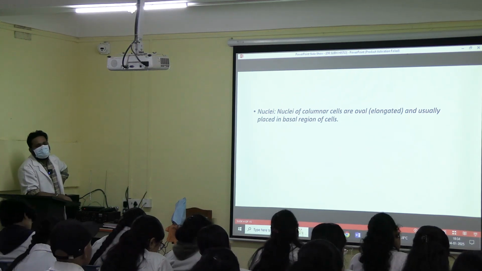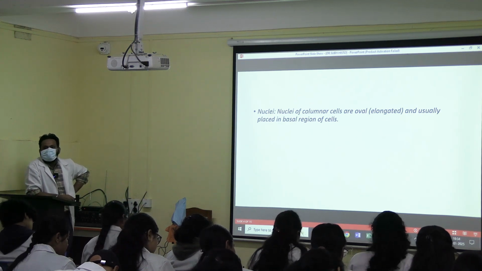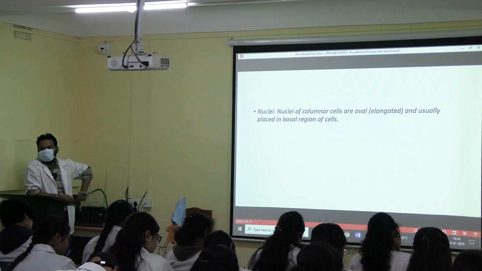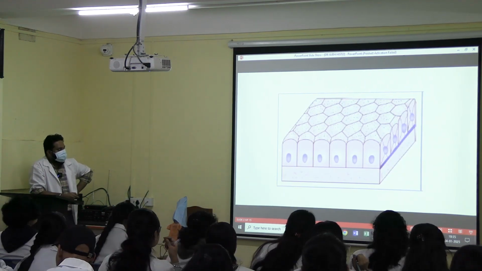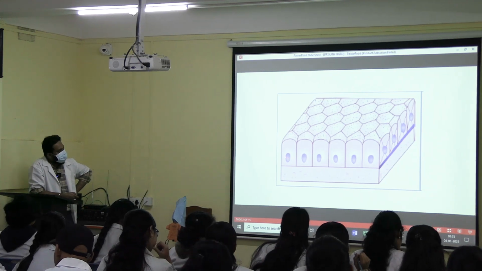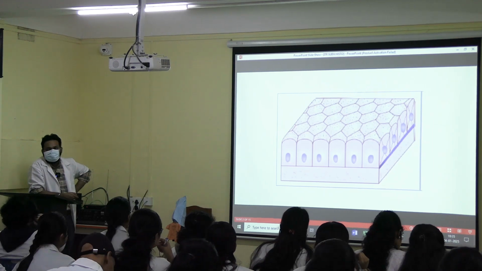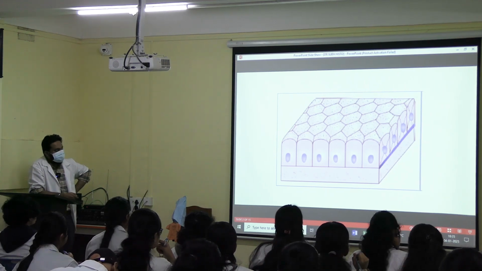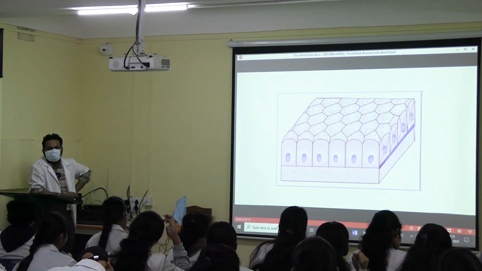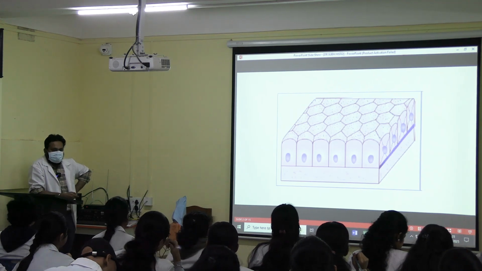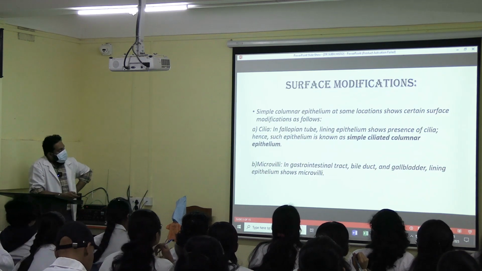Write: nuclei of columnar cells are oval shaped, usually placed in the basal region, towards the bottom. Again, this one has height more than width, and the nucleus is elongated or oval and present in the basal region. Single layer. That's why it is simple columnar epithelium.